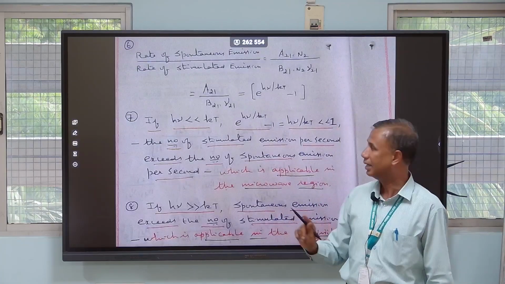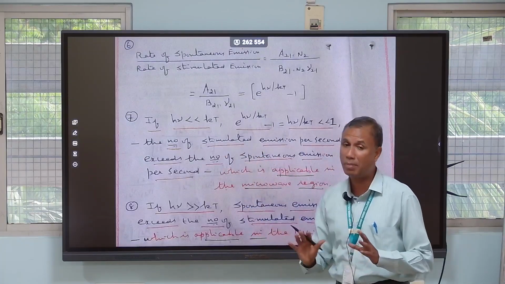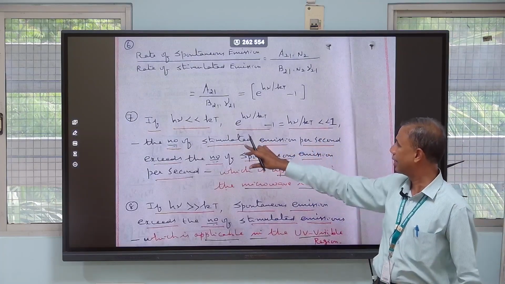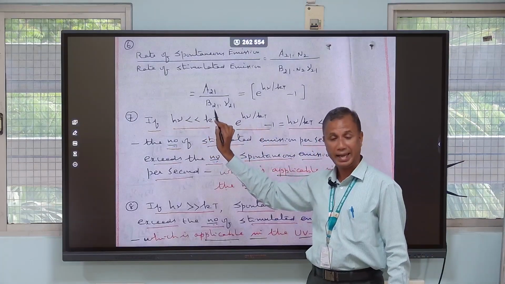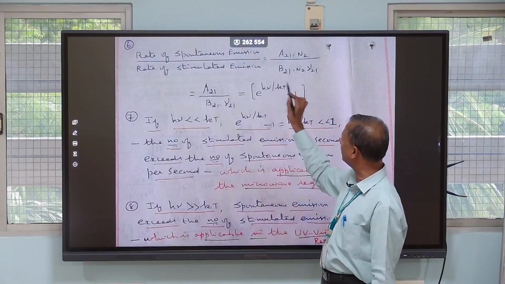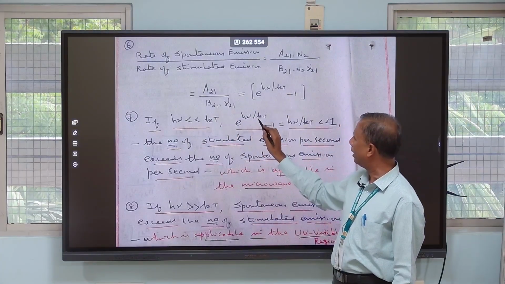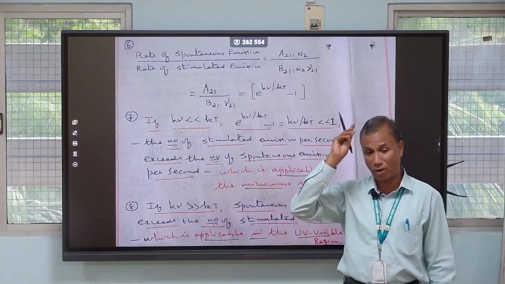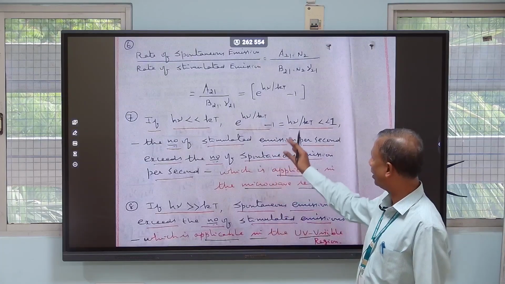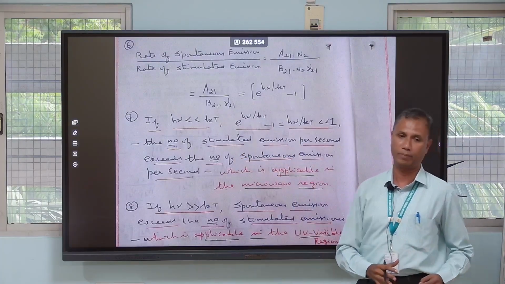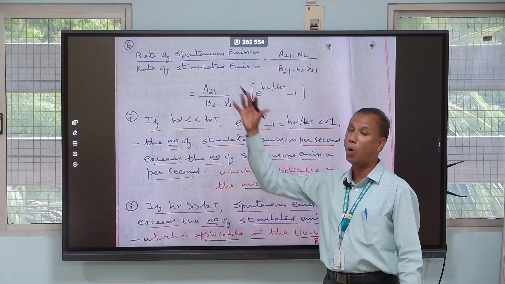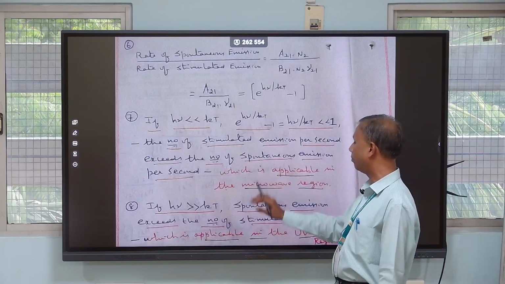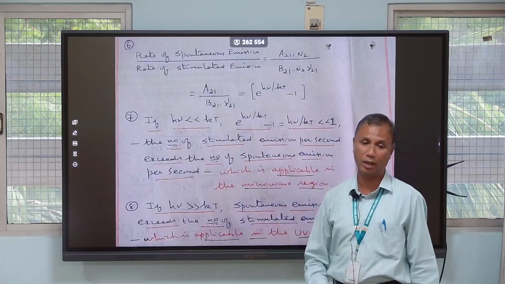What does it mean? In this condition, the number of stimulated emissions is more. When h nu is lesser than kT, in this parenthesis e power h nu by kT minus 1, h nu by kT is far lesser than 1. So ultimately, the number of stimulated emissions exceeds the number of spontaneous emissions. Actually, this happens in the microwave region.